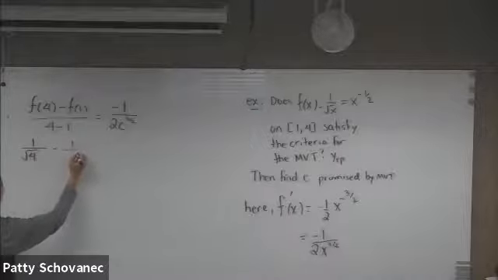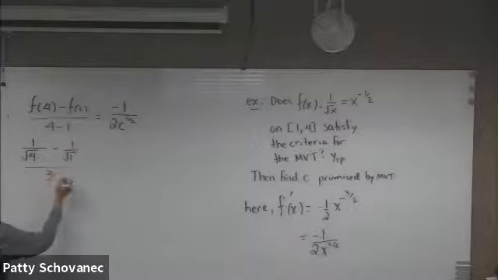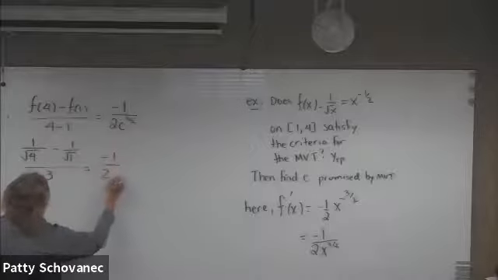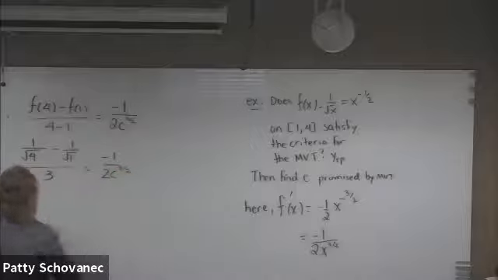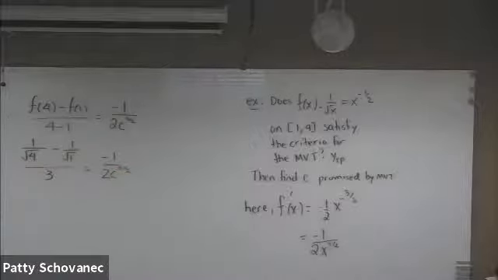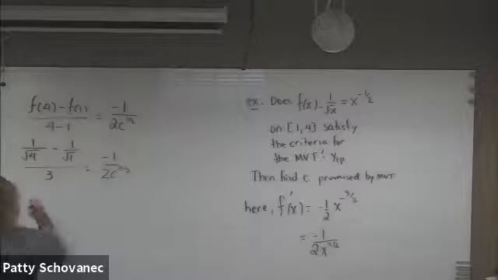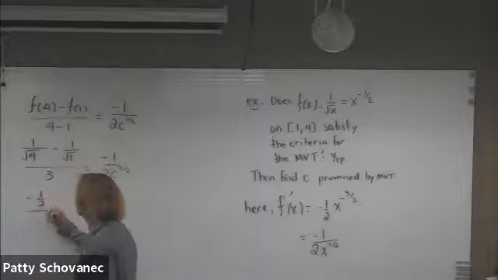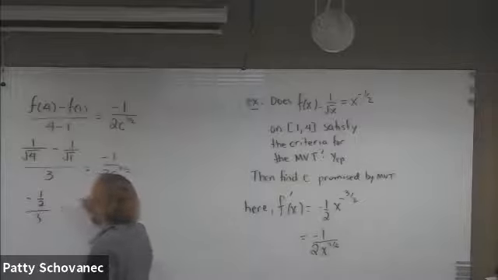F of 1 is 1 over the square root of 1. 4 minus 1 is 3. So I have a 1/2 minus 1 in my numerator. 1/2 minus 1 is a negative 1/2. And I divide negative 1/2 by 3.